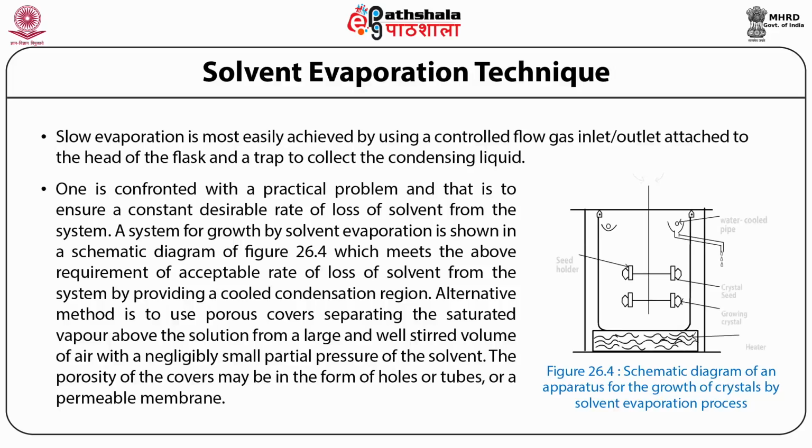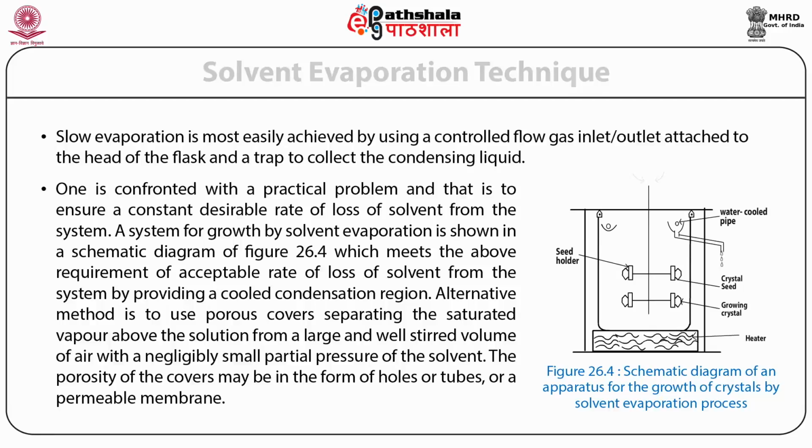An alternative method is to use porous covers separating the saturated vapor above the solution from a large and well-stirred volume of air with a negligibly small partial pressure of the solvent. The porosity of the covers may be in the form of holes or tubes or a permeable membrane.